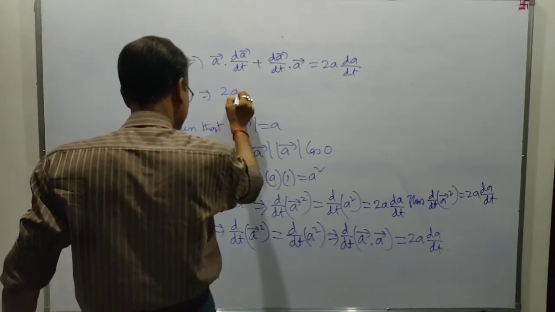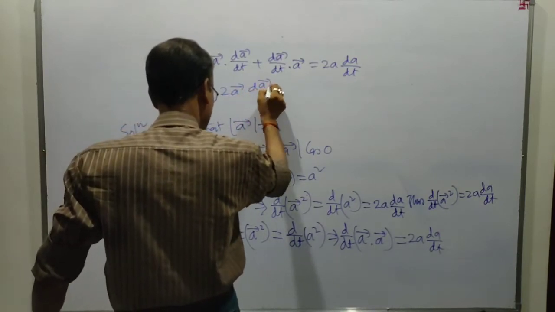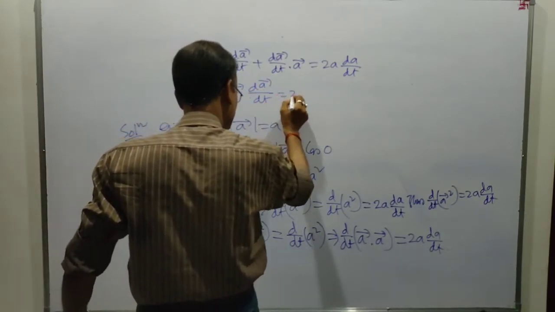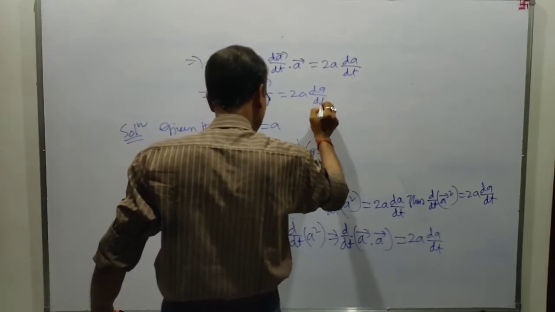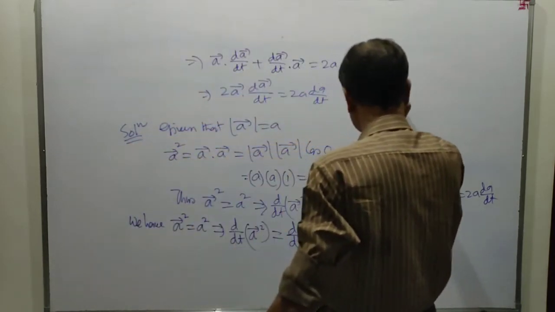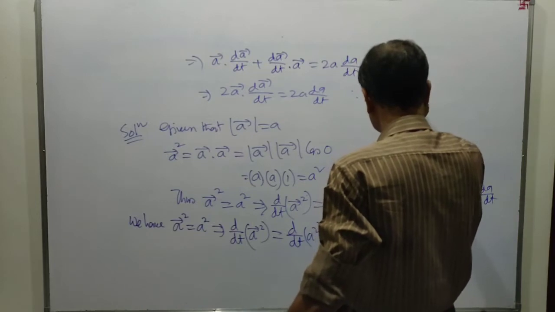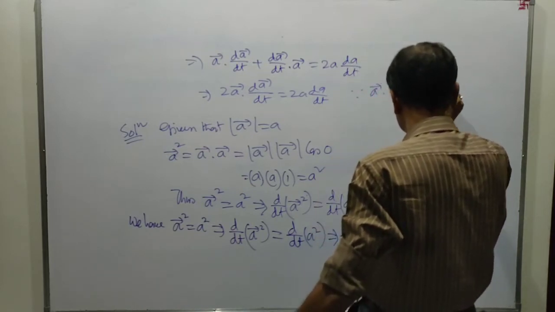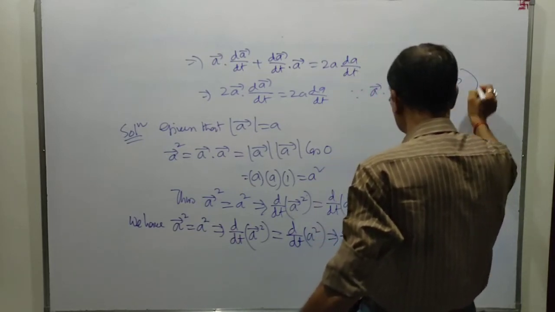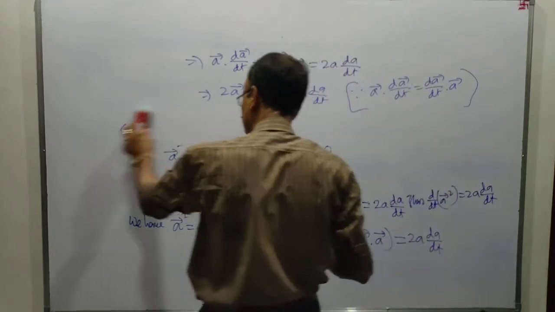This means twice A vector dot dA vector by dt equals twice a dA dt, since A vector dot dA vector by dt is equal to dA vector by dt dot A vector.